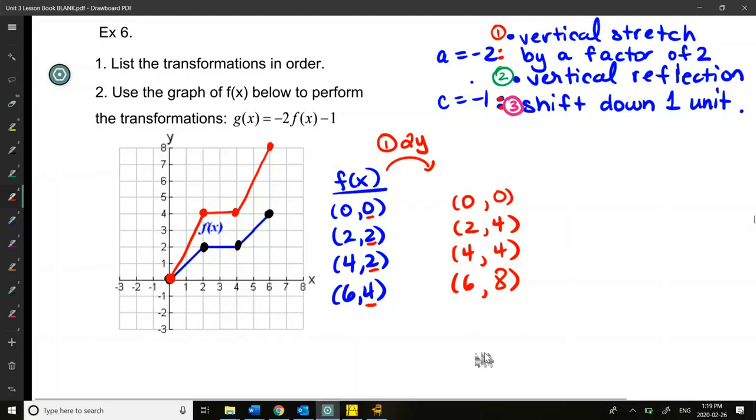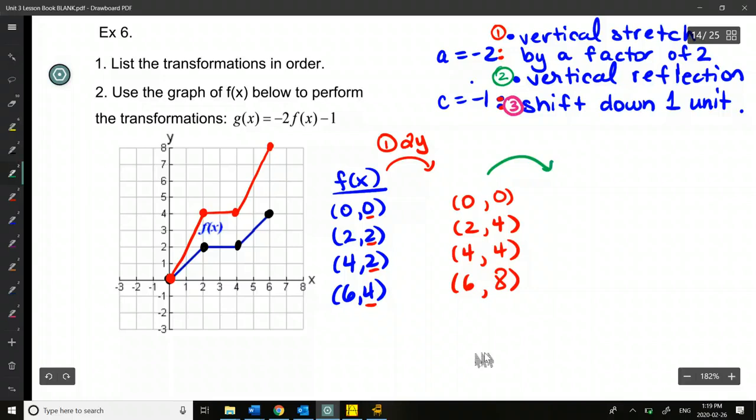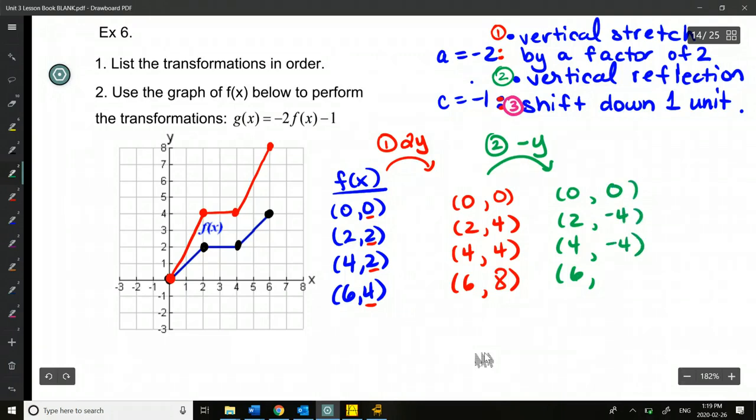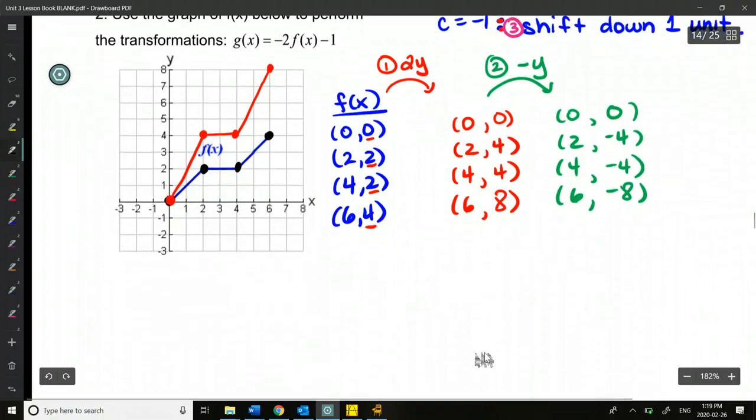The second transformation here is the vertical reflection. And basically what this means is that we'll take our y's and we'll multiply them by a negative. Again, x's stay the same. But all of the y's should flip signs when we multiply them by a negative. So actually this graph needs to go down a little bit further. We can just extend it though.